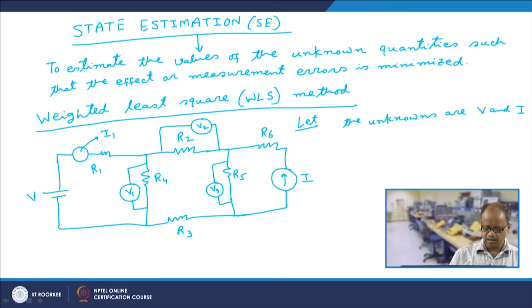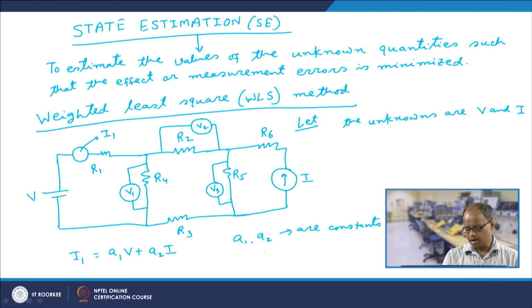Now if I do this analysis, then what I will find is that the expression of I1 would be some constant, let us say A1 into V plus some other constant A2 into I, where A1 and A2 are constants, and these are actually all functions of all Ri, for i equal to 1 to 6.